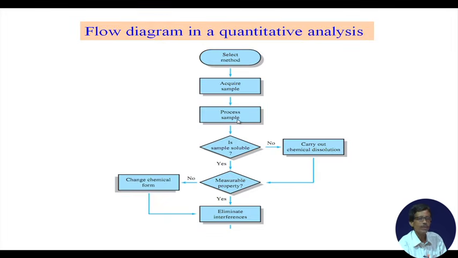In one of our previous classes, we talked about the case where you have a steel sample and nickel is present, and you have some idea from your school days knowledge that nickel can be estimated by a gravimetric technique. The gravimetric method can be utilized for analyzing nickel by the nickel DMG method.